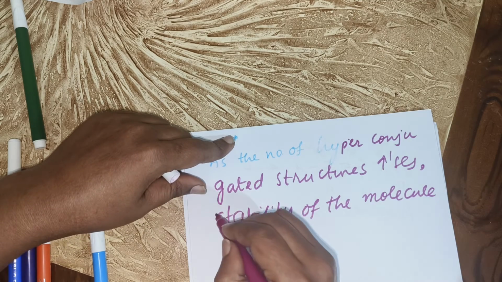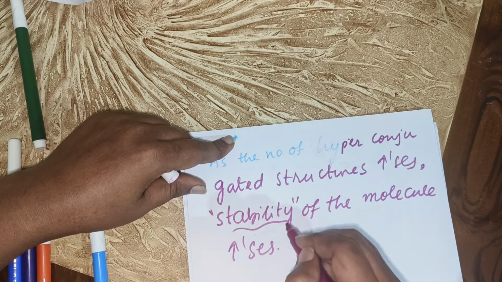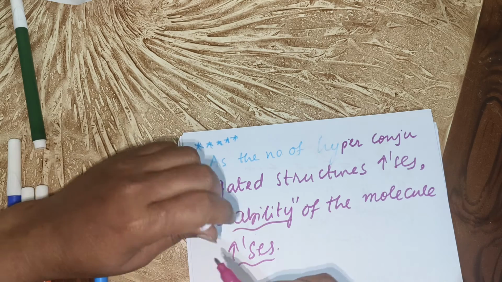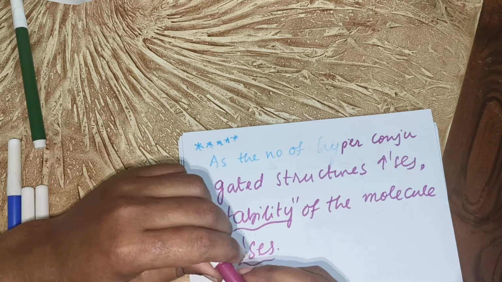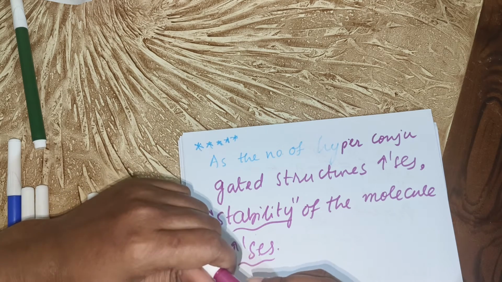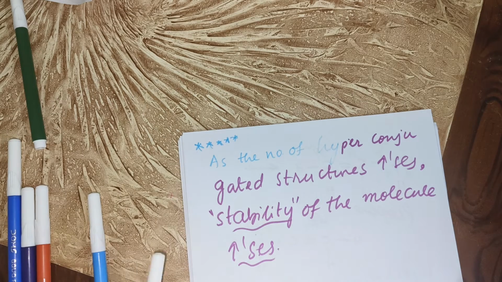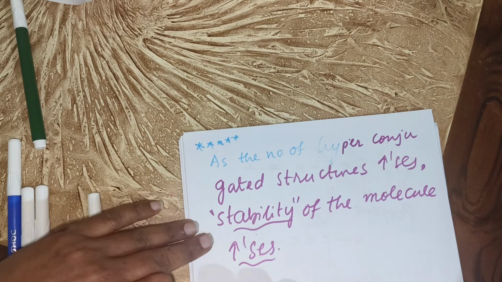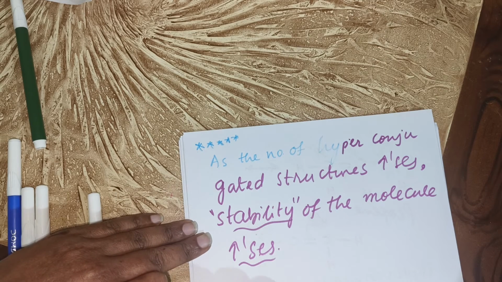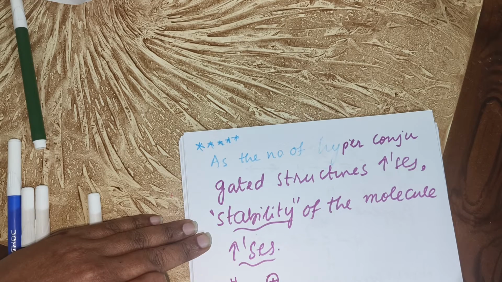But the point is, you should know how to calculate the number of hyperconjugated structures. It depends on the number of alpha hydrogens. I'll show you here. Just take a look. C H H H H H with a positive charge. It is the ethyl carbocation, C2H5 plus.